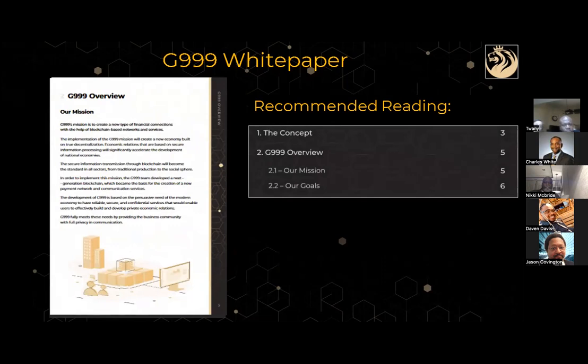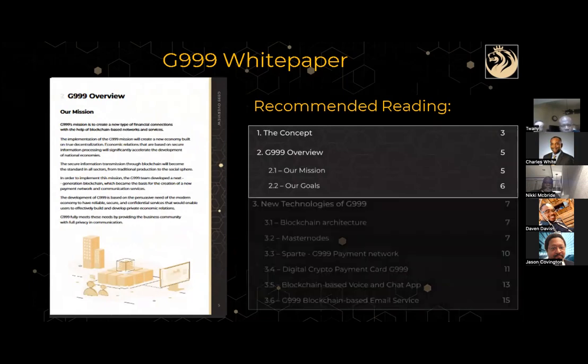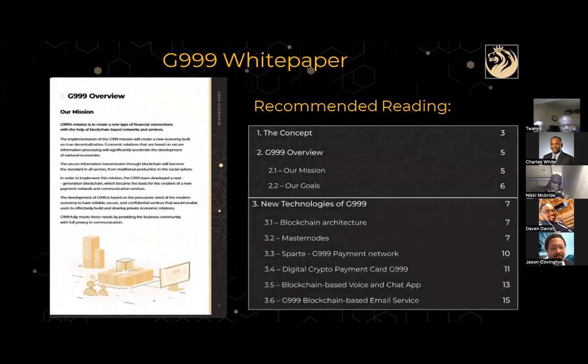But the required reading is to read, in order, chapters 1, 2, and 3, because it's going to give you a really good baseline for everything that has come out over the past couple of years and in the near future. All of these things will make a lot of sense if you have read the white paper.